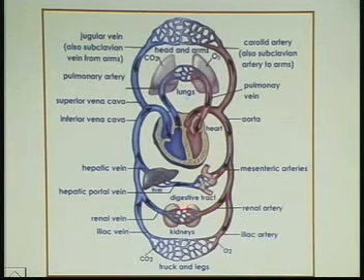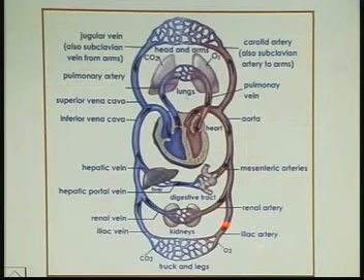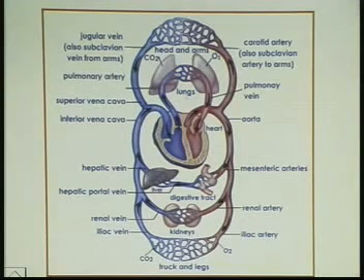If it goes to the kidney, it's called as the renal artery. Going to your lower limbs, it's called as the iliac artery. A branch may go to the gonads, it would be called as the gonadial artery. So on, you can name the arteries after the name of the organ where they are entering.